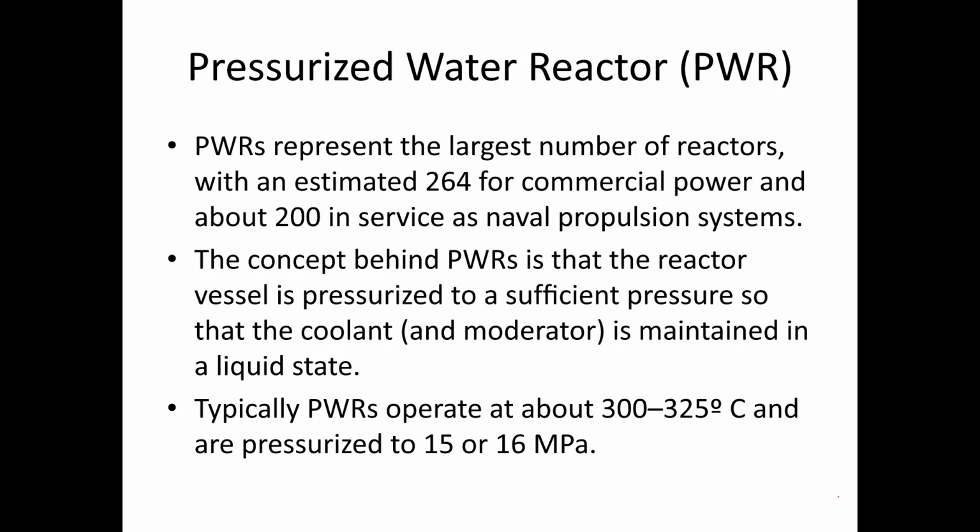The concept behind this is that the reactor vessel is pressurized to a sufficient pressure so that the coolant, the moderator, is maintained in liquid state. So typically, pressurized water reactors operate at about 300 to 325 degrees Celsius and are pressurized up to 16 megapascals.